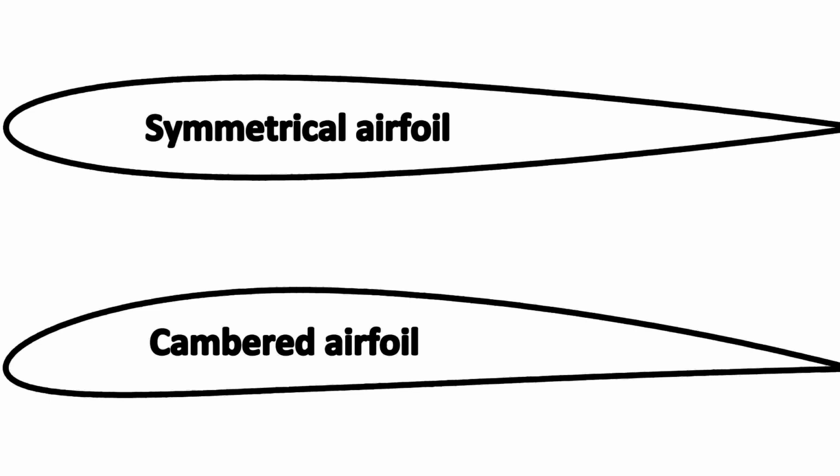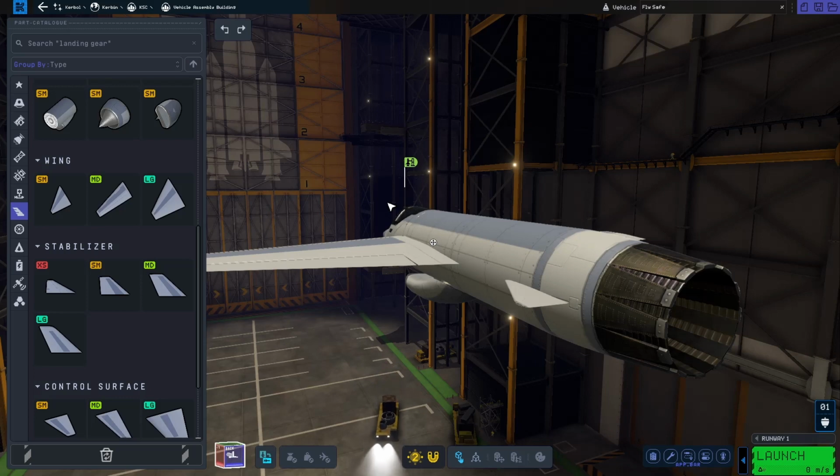And what you're seeing is an airfoil shape is asymmetrical. The way that works in providing lift to an aircraft is when air runs over the top of it, it affects it at a different speed than the air running on the bottom of it. Or at least that's what I was taught.